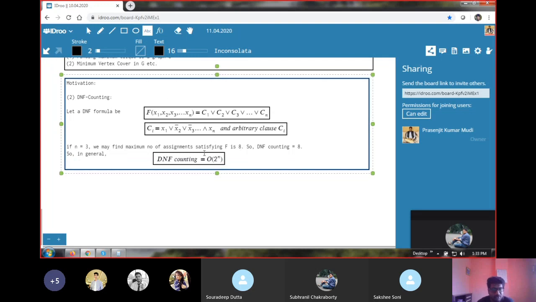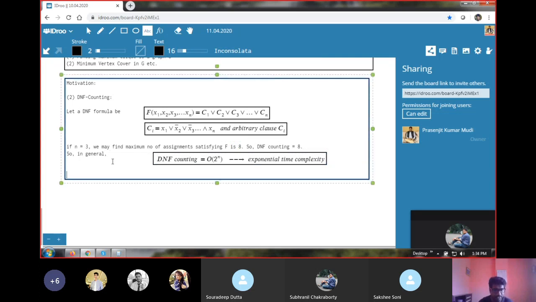So this is a problem you have to solve: find the DNF counting for a given DNF formula, and it follows a time complexity of order 2 to the power n, which is exponential. So this is an exponential time complexity, which is not acceptable.